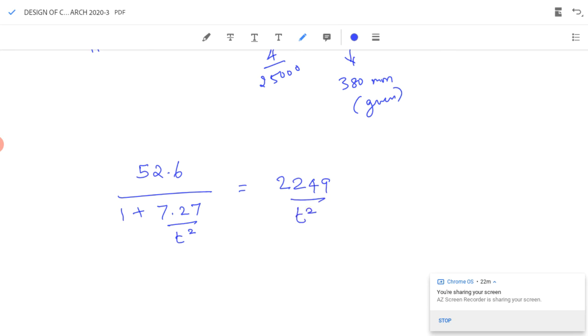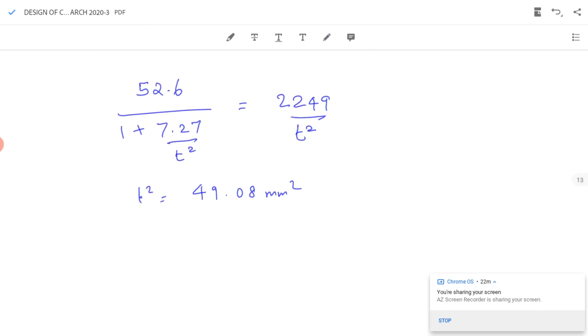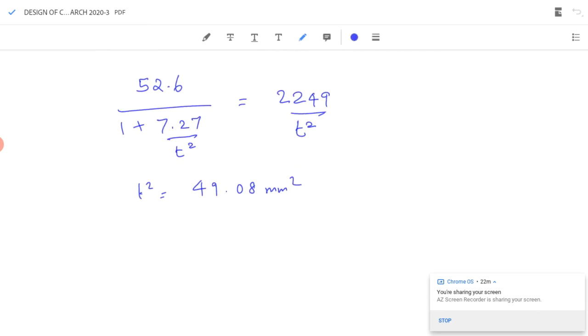My T square will be equal to 49.08 millimeter square. T will be somewhere around 7 mm. T equal to 7 mm. After finding the value of T, I can now find the value of base 4T and 5T.